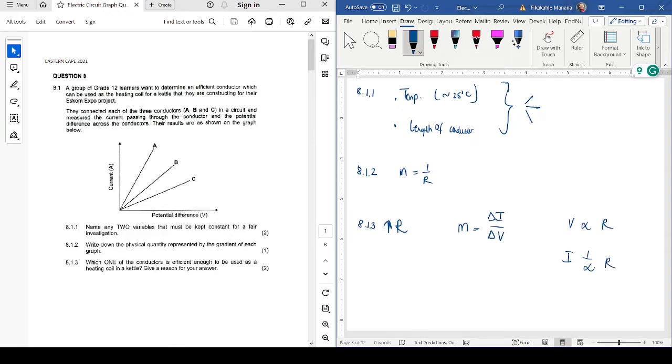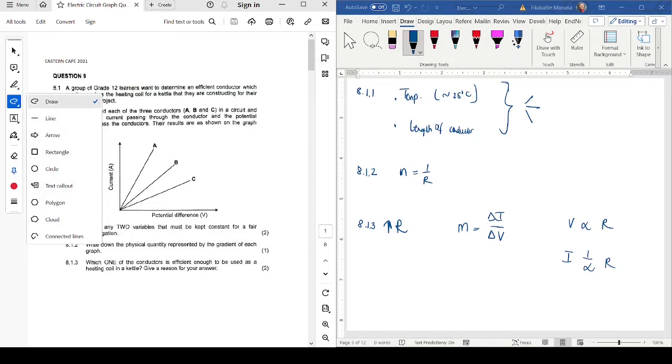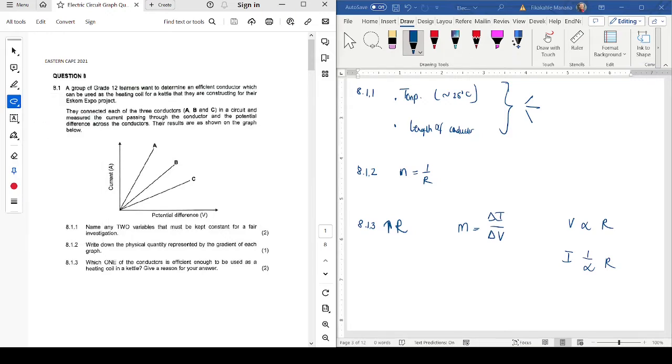So you can see with A, let's just take this value here for A. You can see the current is quite high, but the potential difference is low. And over there, if the potential difference is low, I know that my resistance is low. If I take the current over there, which gets quite smaller, I have an increase in potential difference.